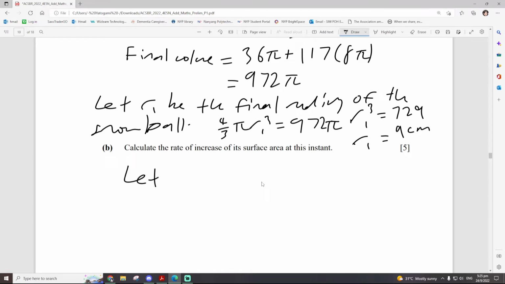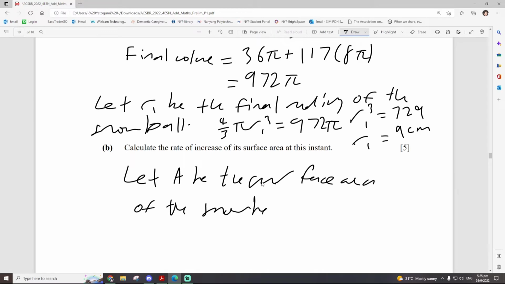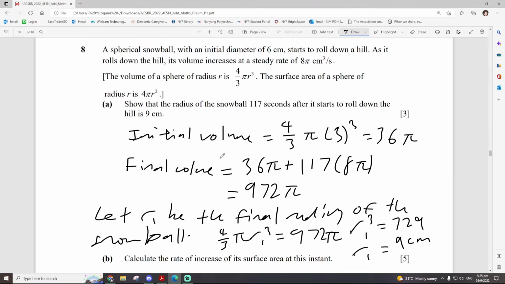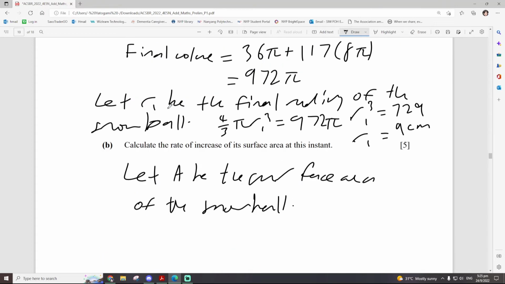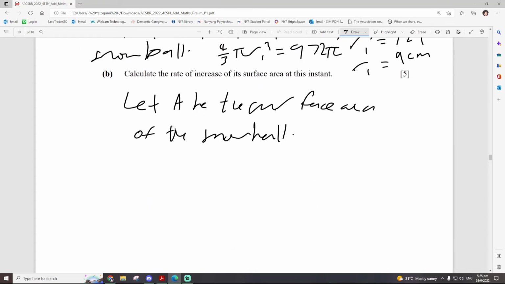So let A be the surface area of the snowball. And we are given that surface area is 4 pi r squared.